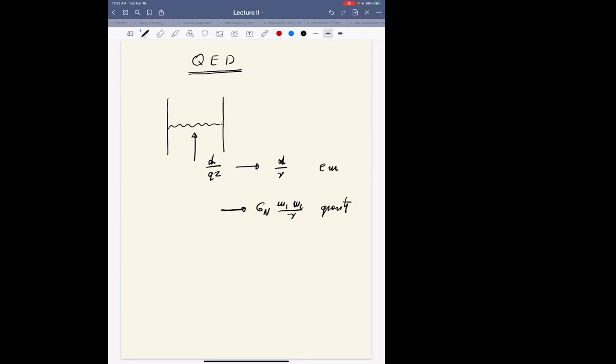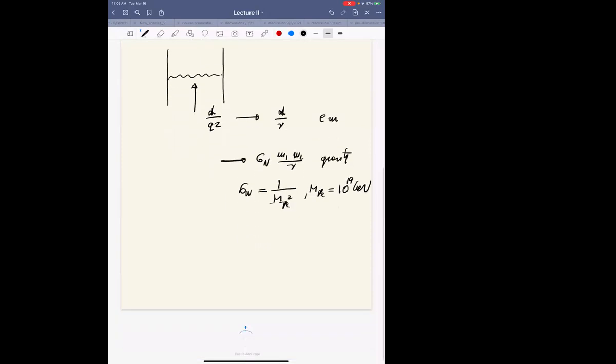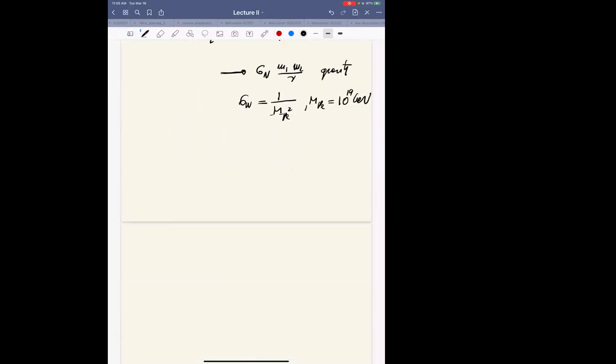And then we said, because G Newton is so weak, 1 over m Planck squared, where m Planck is 10 to the 19 GeV, the force is very weak. We said that the gravitational potential divided by the electromagnetic potential is some number of order 10 to the minus 36.